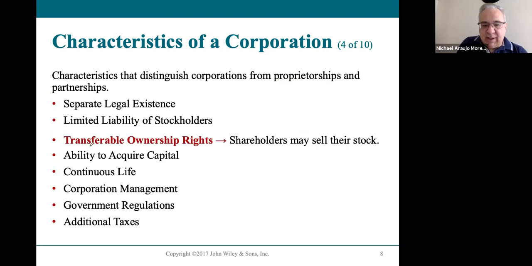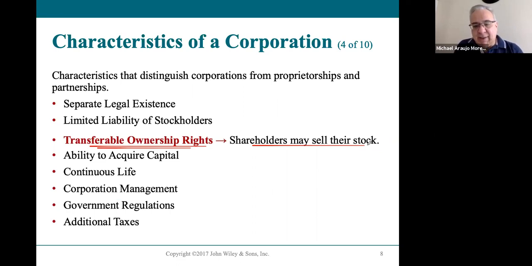Another advantage is that ownership changes all the time. So what happens on the New York Stock Exchange and the NASDAQ every day is basically shares of ownership are being traded. People that own the shares are selling them to others, and other people are buying them.